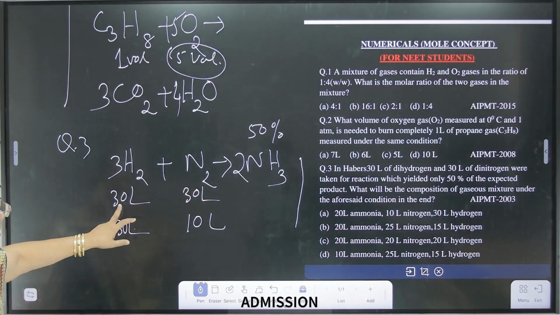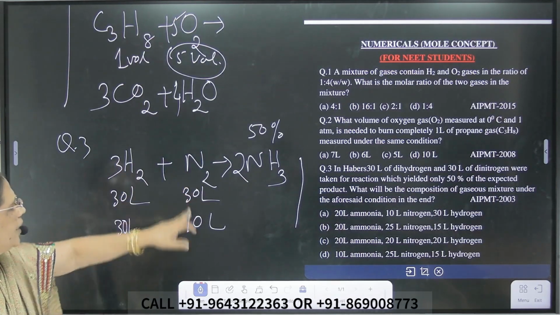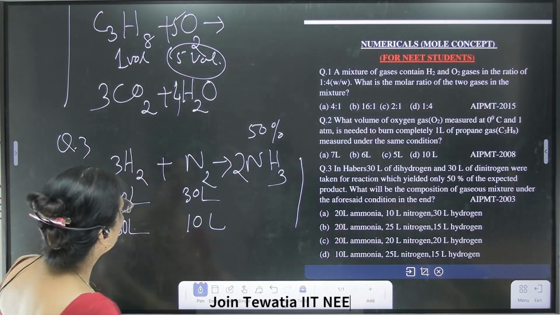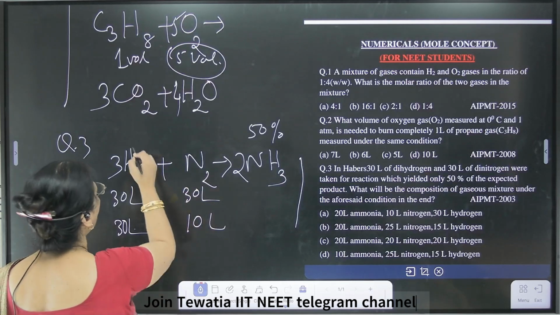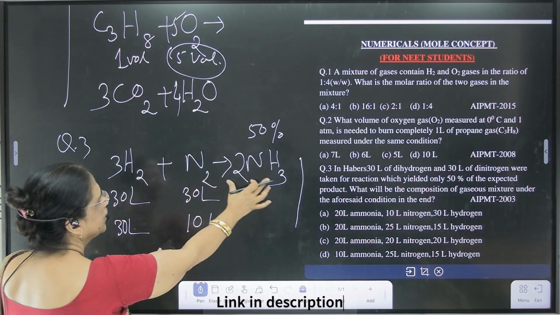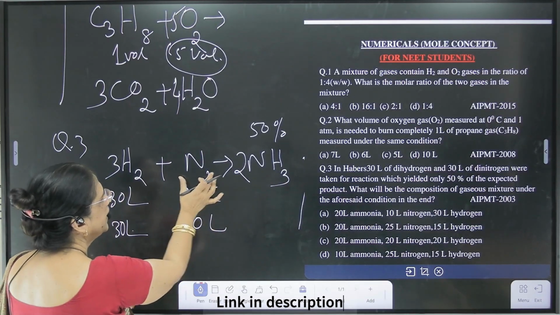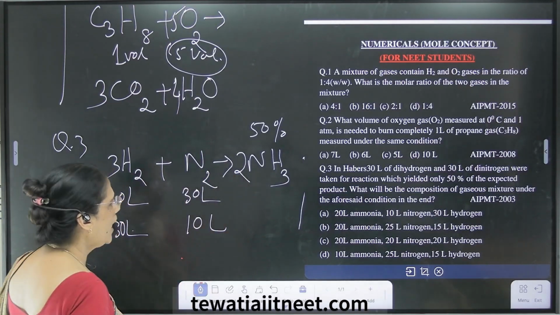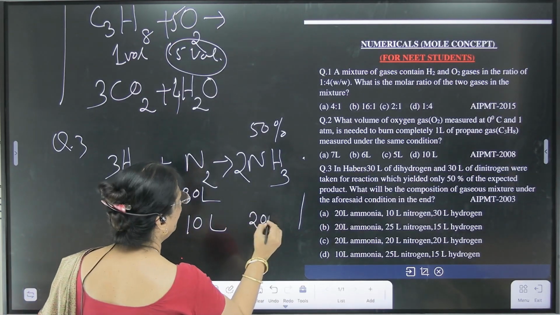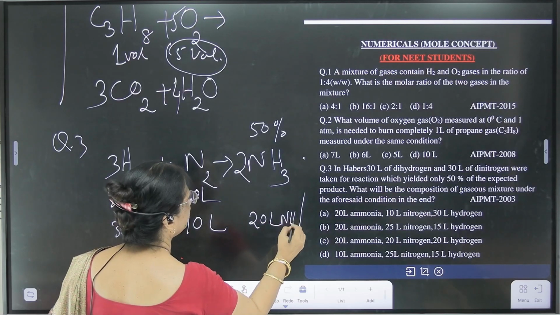So only 10 liter of nitrogen will be consumed. Now here you see this is 3 mole, this is 1 mole, this is 2 mole. 1 mole of nitrogen is equivalent to 2 moles of ammonia. So 10 liter of nitrogen will be equivalent to 20 liter of ammonia.